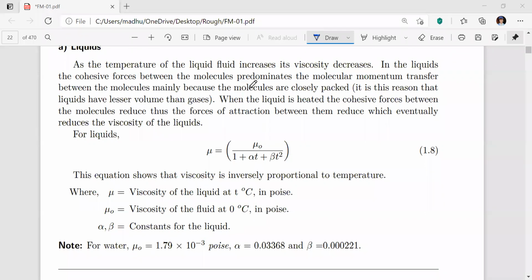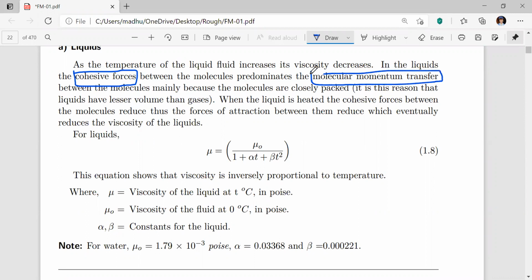So in liquids, and again in any fluids, whether it is a liquid or gas, there are two types of forces. One is cohesive force between the molecules, and another is molecular momentum transfer between the molecules. In air, gas and liquid, in both we have two predominant forces.